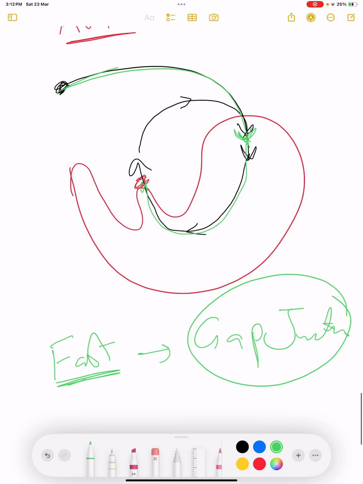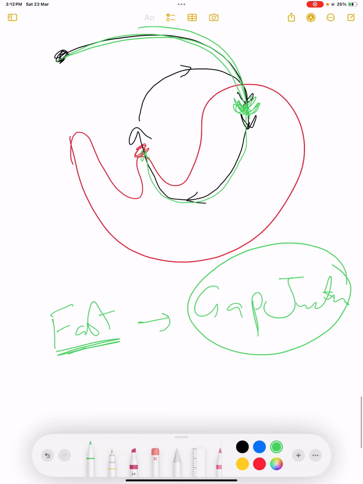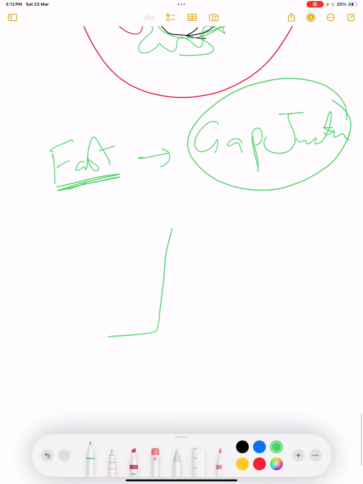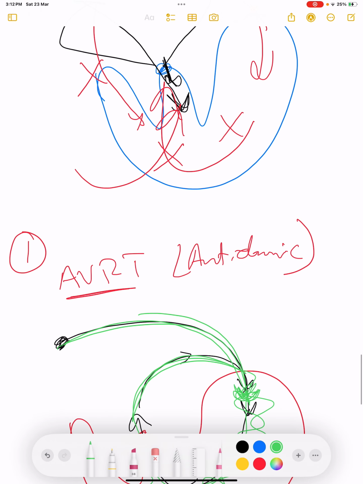So when the impulse enters the ventricular muscle, it will be slow, slowly depolarizing the ventricle, and it will slowly go back to the AV node. This portion might be fast, but again it is slow. This slowness will lead to a broad complex rhythm or broad QRS complex. So the first example of broad complex rhythm is antidromic AVRT, because it is following a different pathway.